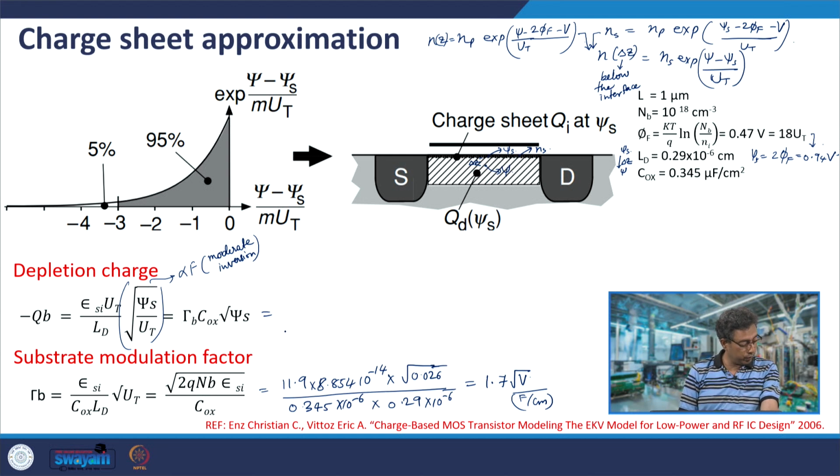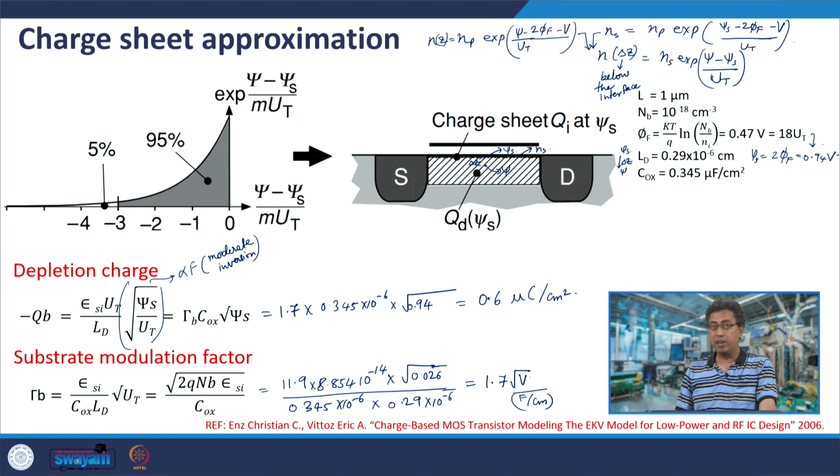There the value of this is 1.7, which is gamma b, that is substrate modulation factor, into 0.345 into 10 to the power minus 6 into square root of surface potential, which we are saying is 2 phi f. So, that is 0.94. So, how much is this? It is approximately 0.6, just to get a feel of numbers.